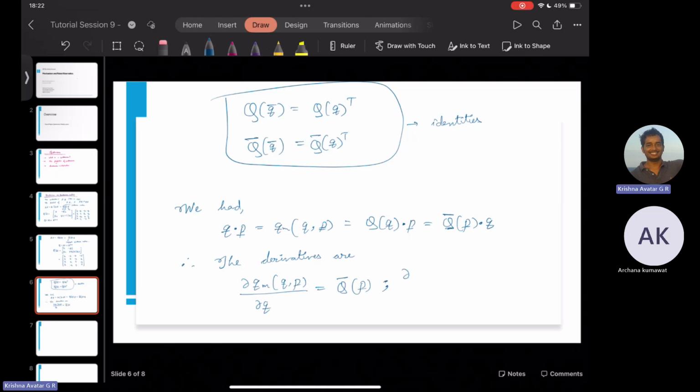And the second one, when you're differentiating qm with respect to p, this would be given as q of small q, right?